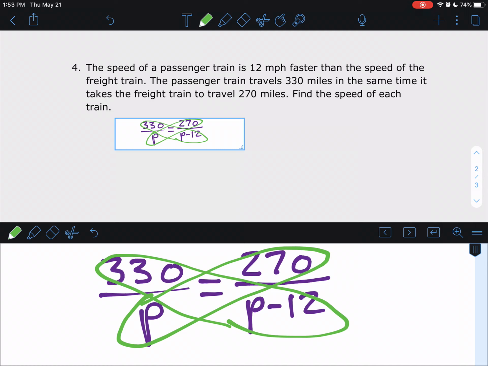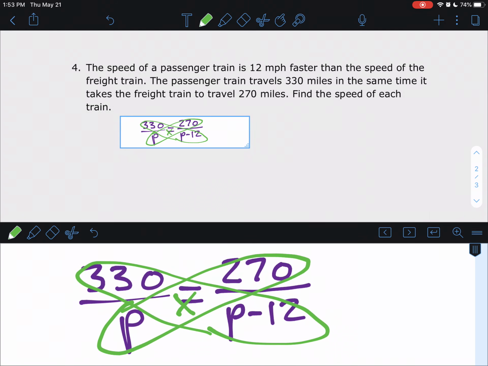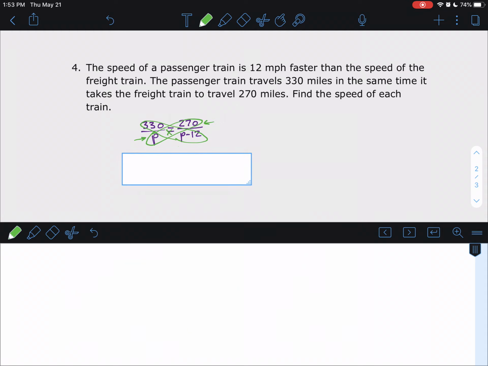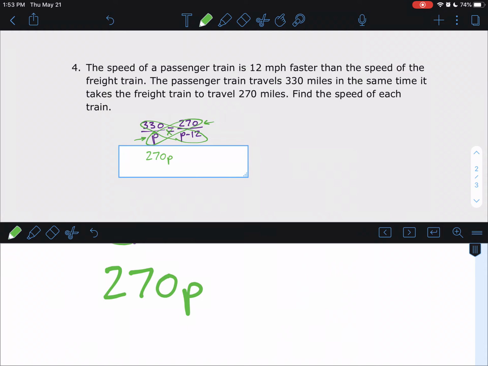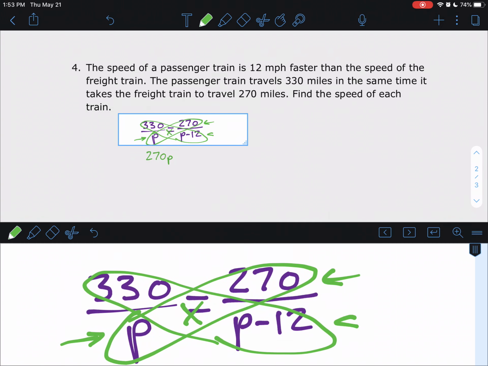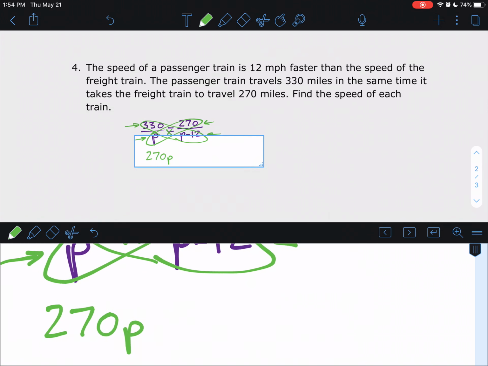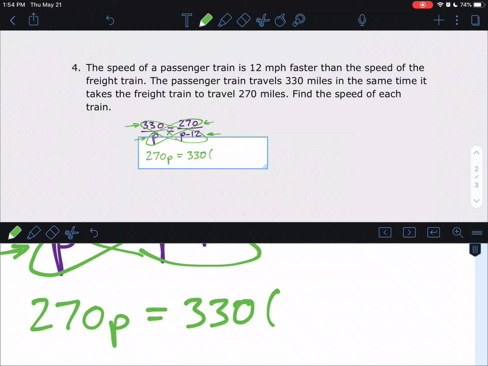So all I have to do is this P times this 270. So this P times this 270 is going to give me 270P. And then I have this P minus 12 times this 330, we'll just say 330 times P minus 12.